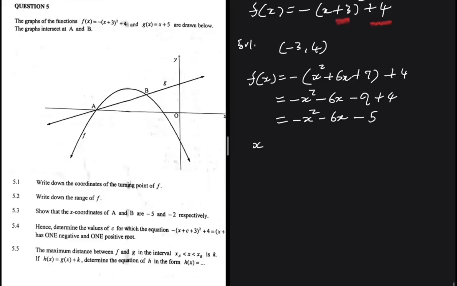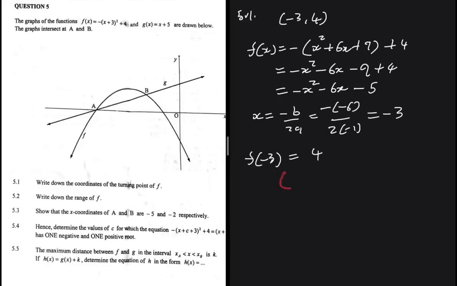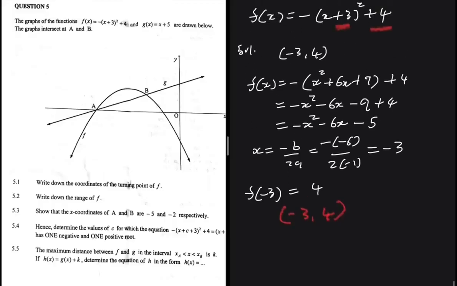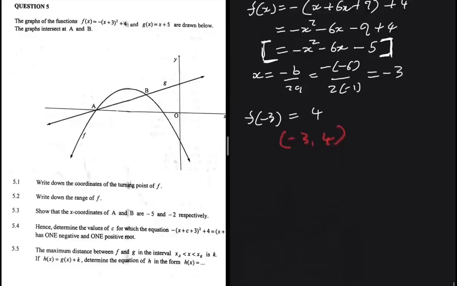If you say x is equals to minus b divided by 2a, you're going to get minus 6 divided by 2 times minus 1, right? Which is equals to minus 3. And then if you substitute minus 3 into f of x, you're going to get 4. So indeed, the coordinates of our turning point, we have minus 3 and 4, right? But this is the equation of f of x, right? We're going to need this equation as time goes. So let's just keep it there because we're gonna need it soon, right?